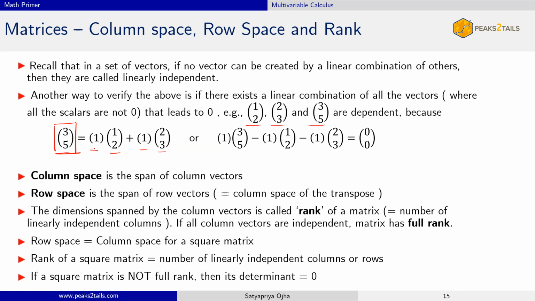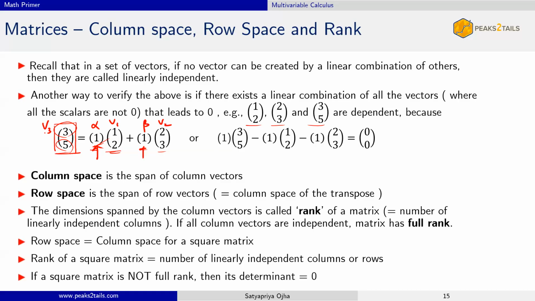So this is one way. You can see that this is 1 plus 2, which is 3, and then 2 plus 3, which is 5. So I can create 3, 5 out of the first two vectors using a linear combination of them. These are the scalars that we are multiplying, alpha, beta. Remember, alpha v1 plus beta v2 leads to the third vector v3.